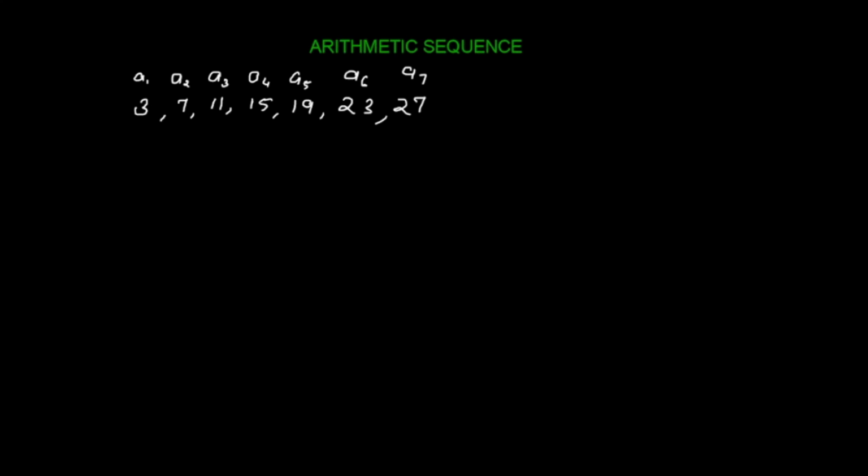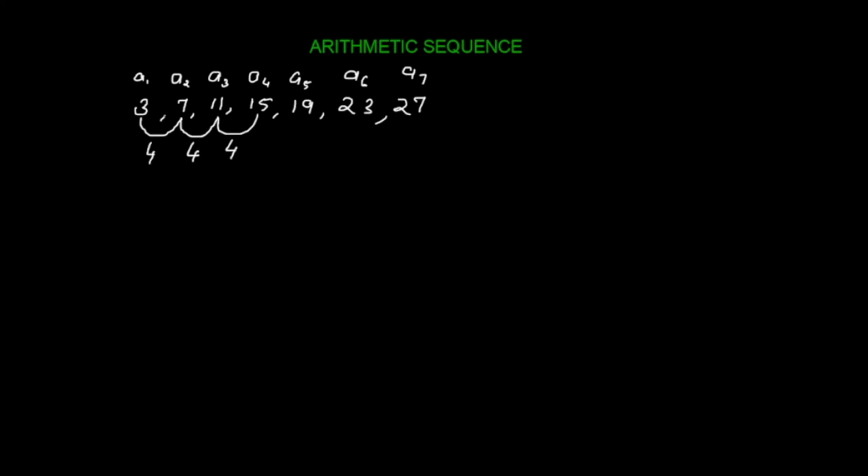Now to go from the first term to the second term, we need to add 4, right? To go from the second term to the third term, we need to add 4. Again, to go from the third term to the fourth term, we need to add 4. So you can see that we are adding this 4 to each term.